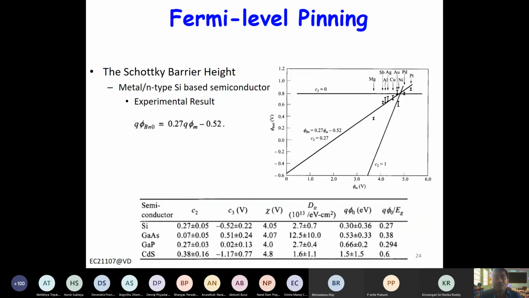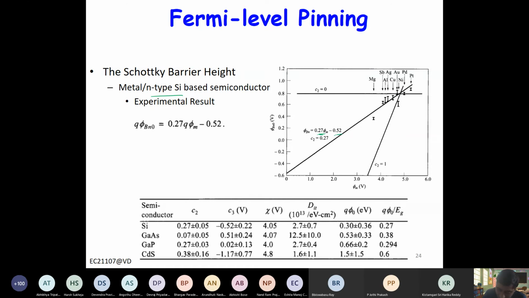will be C2. Okay, so this is the measured Schottky barrier height for n-type silicon with various different metals with different work function like magnesium, Sb, aluminum, copper, gold, palladium, nickel, platinum, all those things, right? So this comes out to around 0.275 phi m minus 0.52. Now you notice one more thing here.